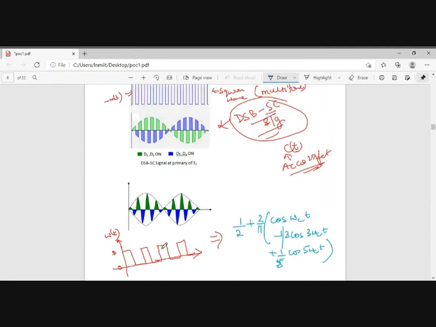Now, if you see this structure, this pulse is oscillating between +1 and -1, and this pulse is oscillating between 1 and 0. Can I frame an equation between this and this?